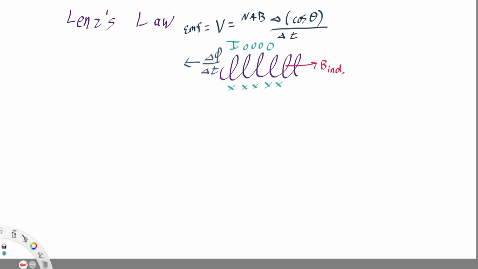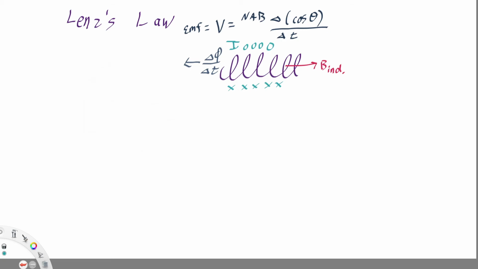Anthony, that's a good question. So how do you know the direction of the change in flux? This is like the question of velocity versus acceleration in Gen Physics 1. The direction of the acceleration is like the direction of the change in velocity.